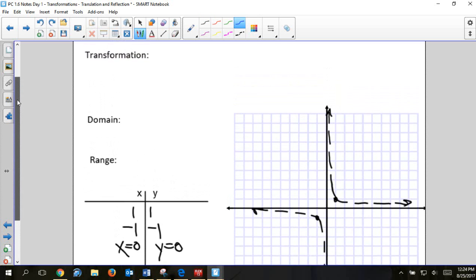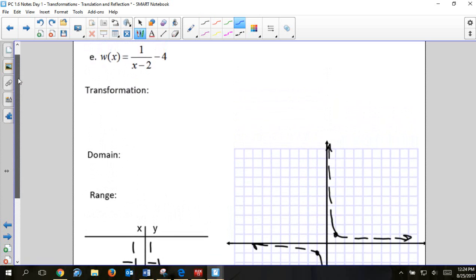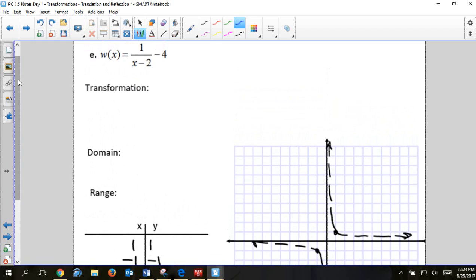And then we're going to look at our equation. We're going to say, are there any transformations? Yes. Any of them horizontal? Do we have any parentheses, guys?